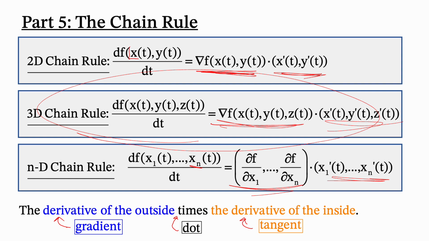So you can see if our inside is x of t, y of t, our derivative of the inside is like our tangent vector, x prime, comma y prime, and then the dot product and multiplication are analogous to each other, just one's for vectors and one's for scalars. And then the derivative of the outside, the gradient, is the higher dimensional interpretation of the derivative of a multivariable function. So the gradient of f of x y is like taking the derivative f prime that you're familiar with from single variable calculus.